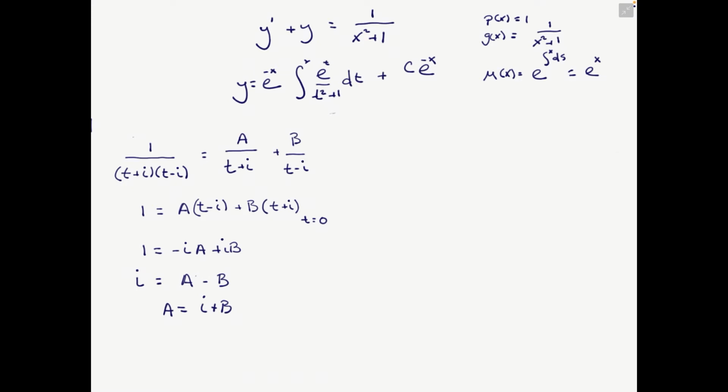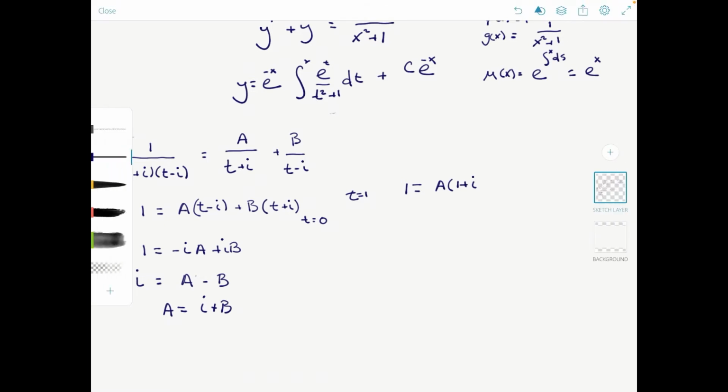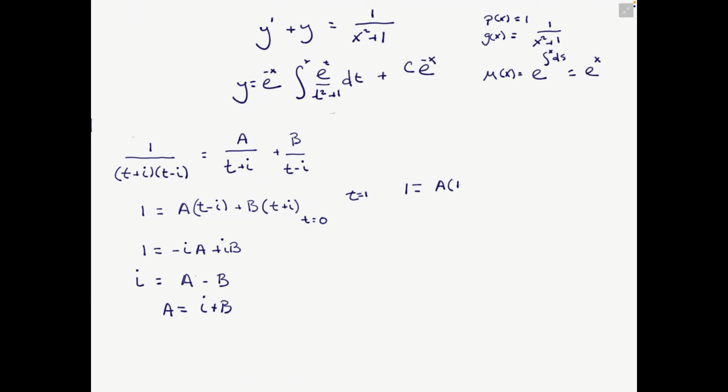Now let's take a look at another case where t equals 1. So we have 1 equals a times 1 minus i, minus i, plus b times 1 plus i.